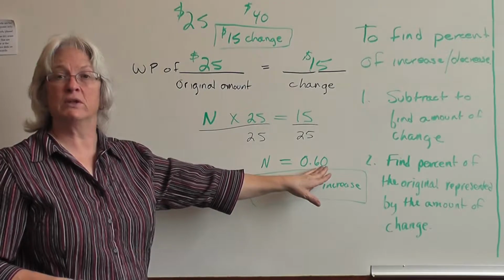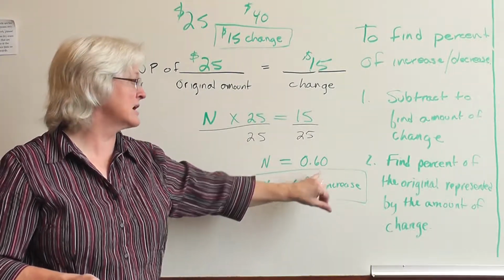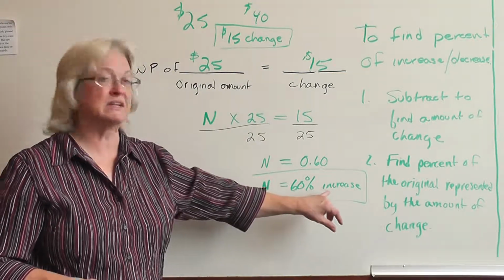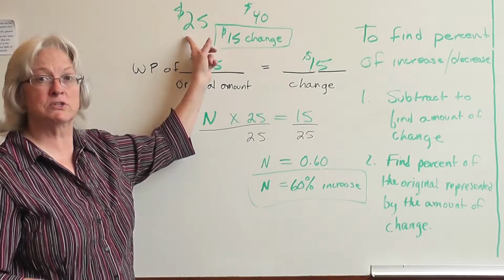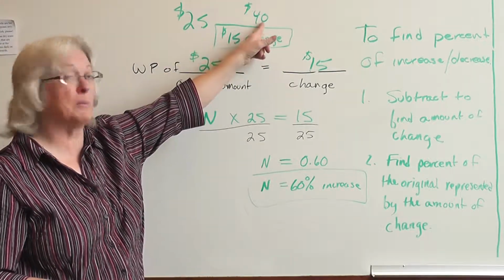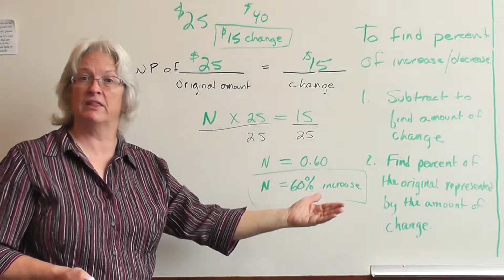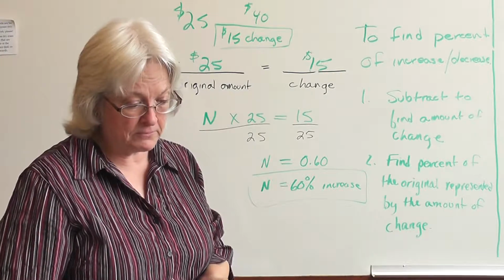We calculated that to be 0.60, and we recognize that 60 hundredths is the same as 60%. And we saw that this was a 60% increase because his income last year was $25. It went up to $40. So he showed from one summer to the next a 60% increase in his income.